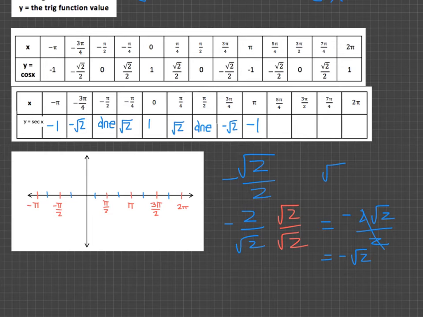For 5 pi over 4, the reciprocal of negative square root 2 over 2, which is negative square root 2. For 3 pi over 2, again, we are going to take the reciprocal of 0, so it's undefined. For 7 pi over 4, the reciprocal of positive square root 2 over 2. And for 2 pi, the reciprocal of 1, which is 1.